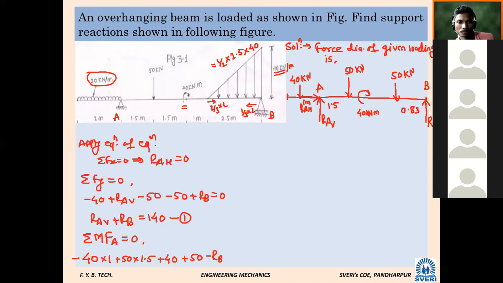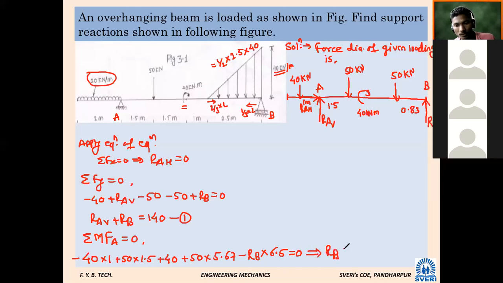5.67. Correct. RB, what is the distance of RB? So it will be minus RB into 6.5, total span, equal to 0, which implies RB is equal to how much?